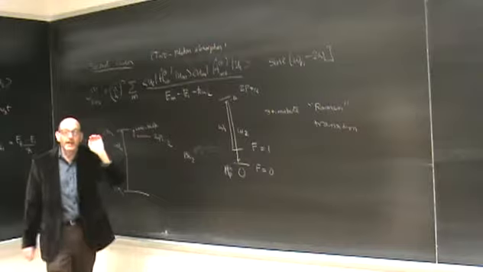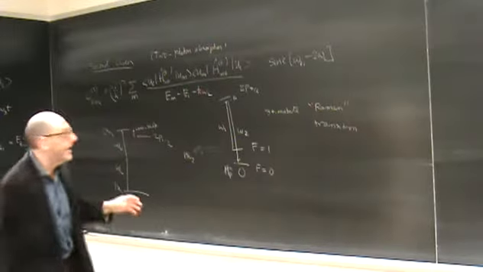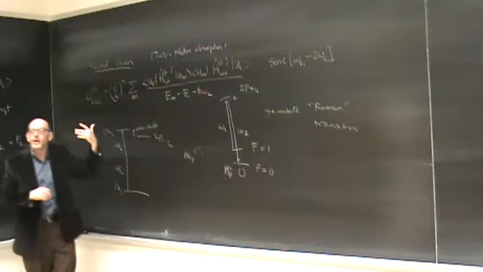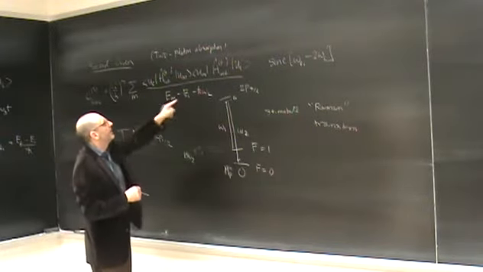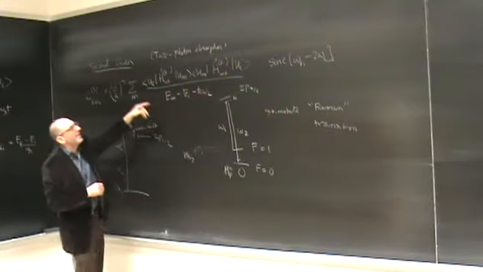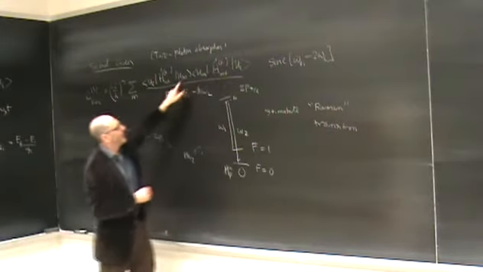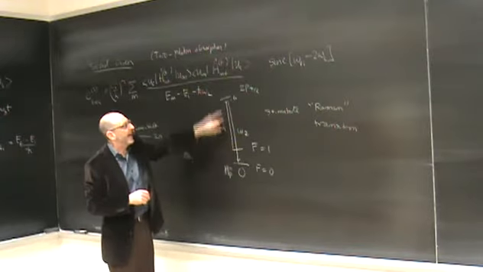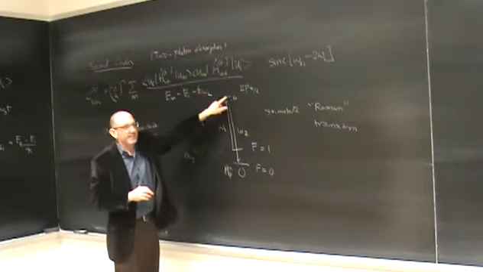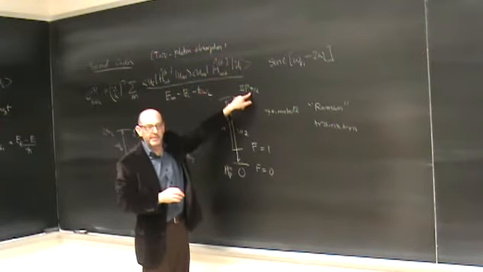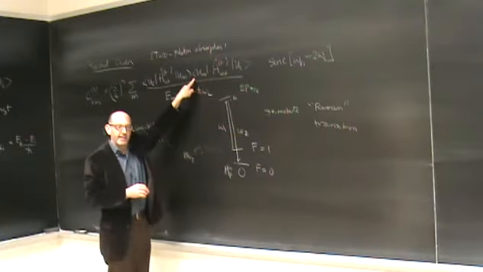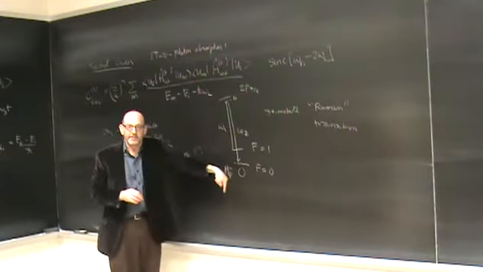Now, what we discussed last time is that this second order contribution could be discussed in terms of a sum over possible series of virtual transitions. What we would say here is that I virtually excite the 2p3/2, right? And that's the intermediate state. And then I go back down.